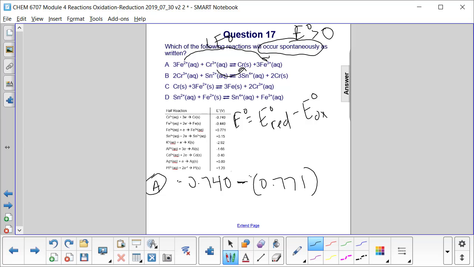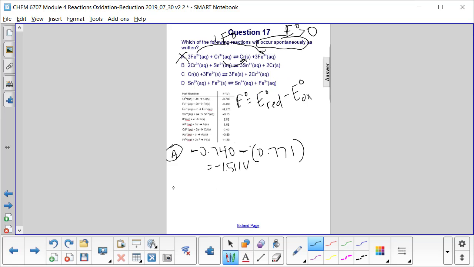Okay, so you can see this negative plus this larger negative will make an even bigger negative number. So you get 0.740 minus 0.771, negative 1.511. Okay, so that will not be spontaneous, okay, because it has to be greater than 0.